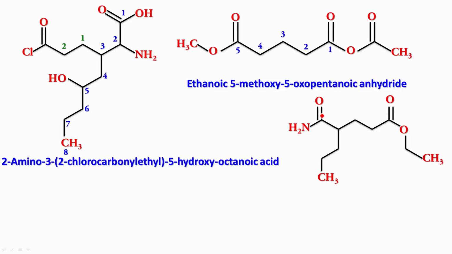So, it's going to be ethyl alkanoate, and the numbering 1, 2, 3, 4, 5, 6, 7, maximum number of carbon atoms. So, on 4 I have carbamoyl. So, this is going to be ethyl 4-carbamoyl heptanoate. Ethyl 4-carbamoyl heptanoate. Let's try one more.